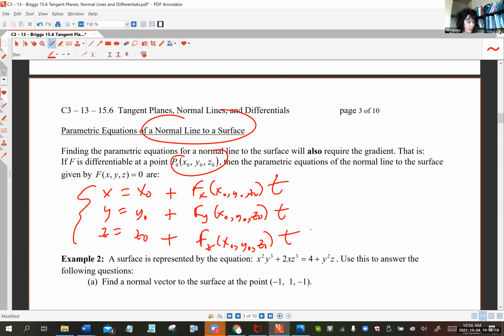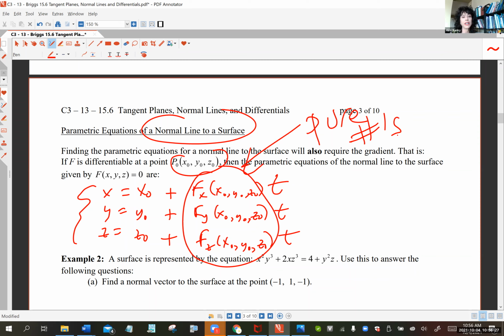Those are the parametric equations. And again, these better be pure numbers, because you've plugged in the point at which you're finding this normal line. If I see x's and squareds and z's and blah blah blah multiplying with your parameter t, I'm going to go, uh-oh.